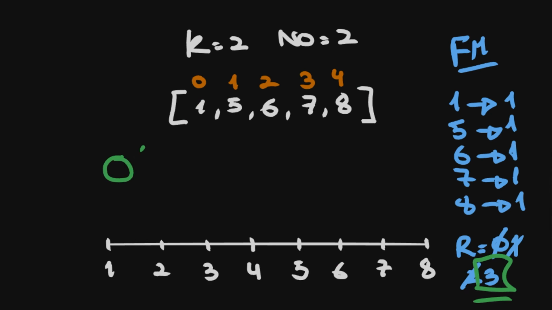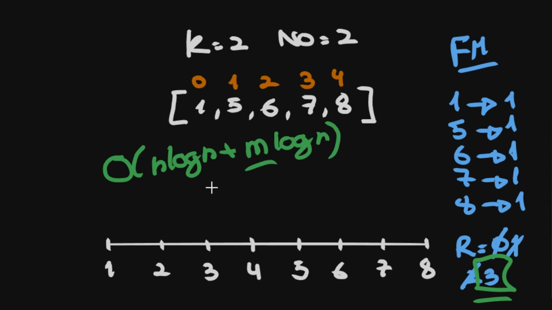Here time complexity will be big O of n log n, mostly because we need to sort this, plus we will say this is m log n. M is the amount of elements in between the minimum and the maximum elements in the array.